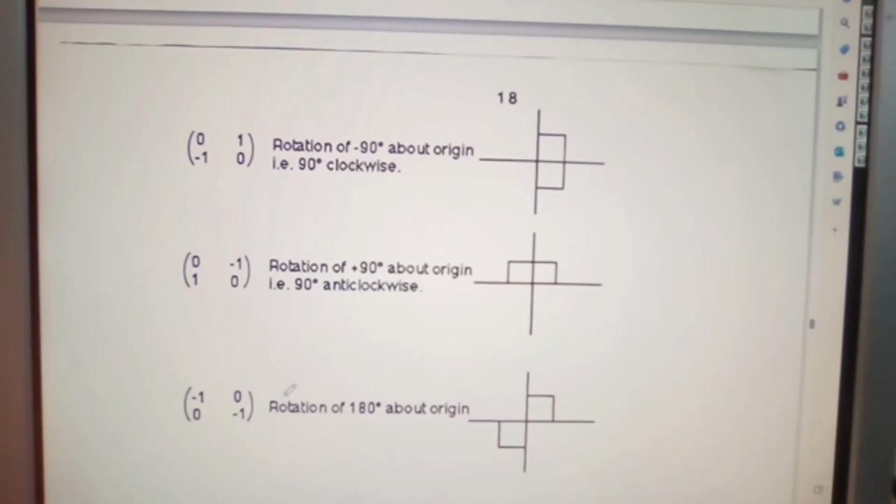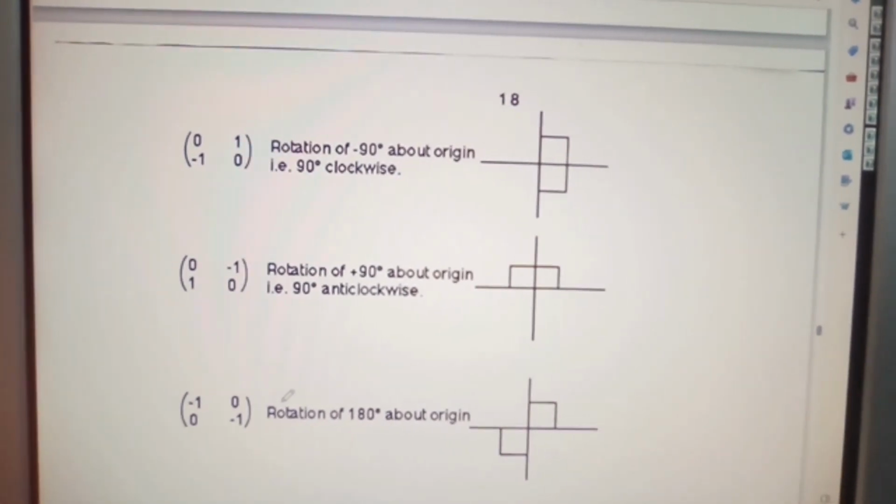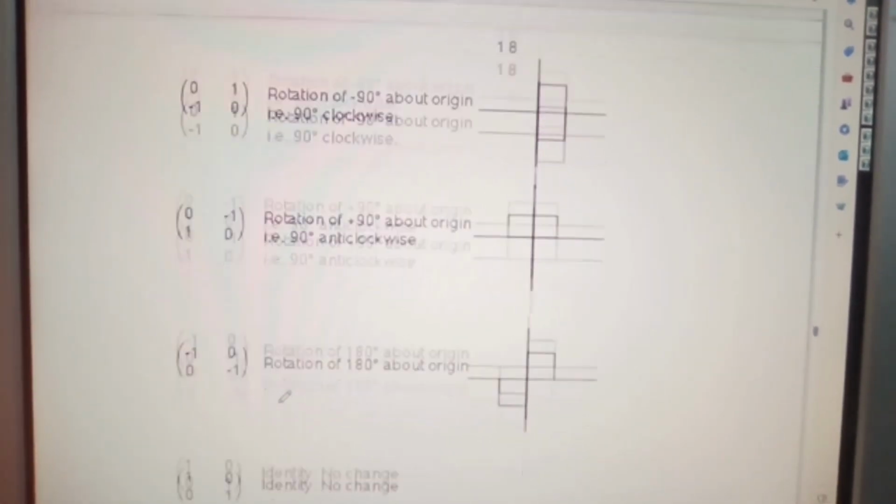Look at the solution, usually solutions to help you arrive at the answers, okay?